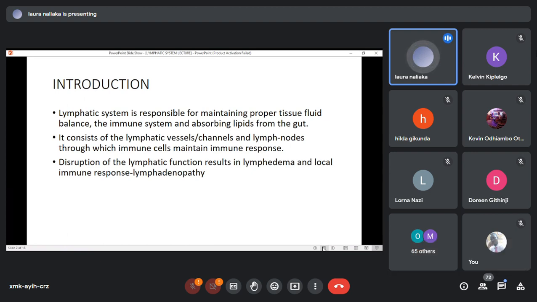It consists of the lymphatic vessels, channels, and lymph nodes through which immune cells maintain immune response. Disruption of any of these components, that's the vessels, the channels or the lymph nodes, would result in lymphedema or a local immune response, which we refer to as lymphadenopathy.